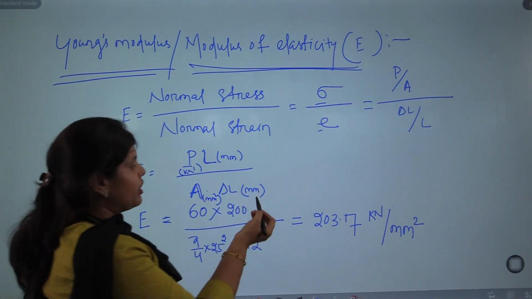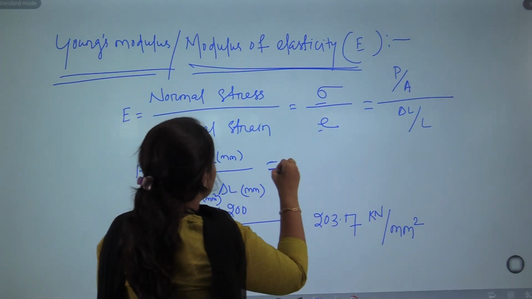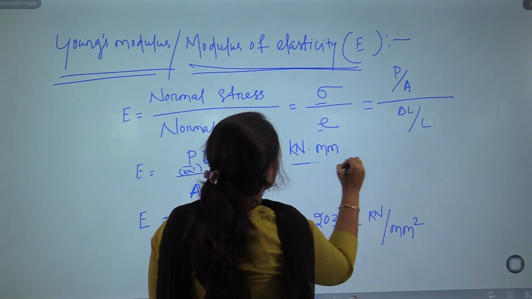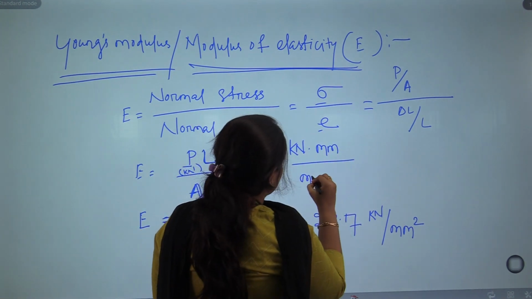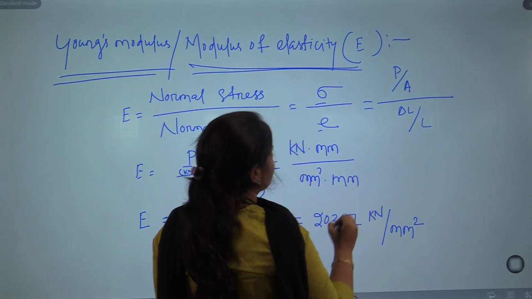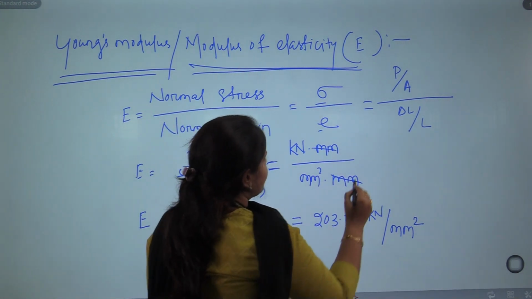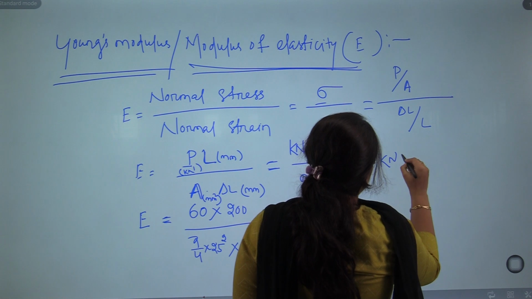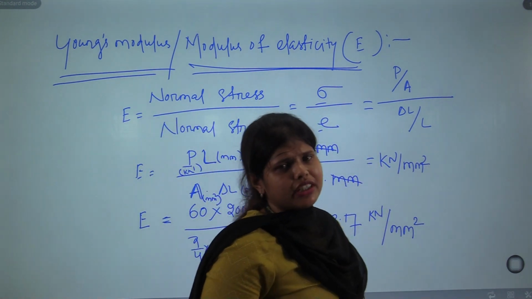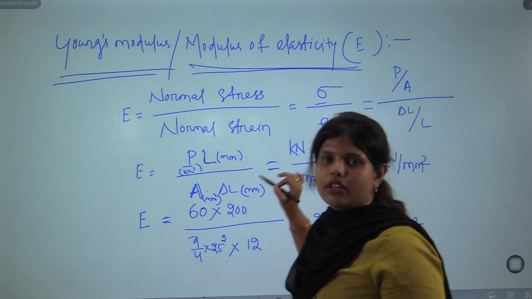So, how do we know the units? The unit will become kilonewton into mm square into mm, so here mm will cancel out. We do not need to remember that kilonewton per mm square will happen. We will calculate in this way.